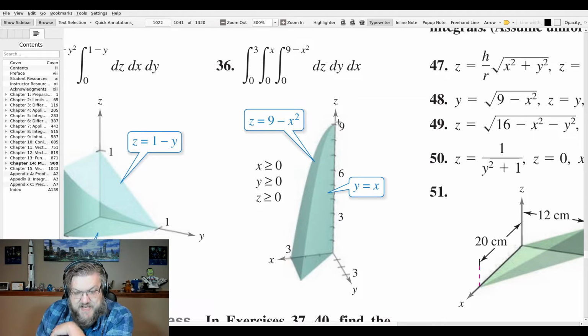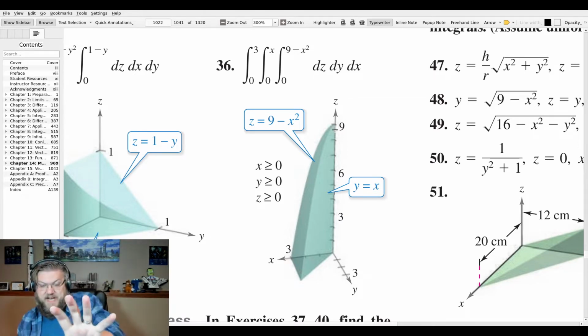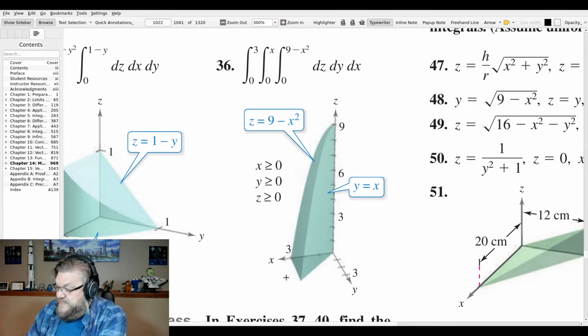That is what I'm going to see when I look at this from this angle. I'm not going to see that plane coming out towards me. I'm just going to see the outline of this upside down parabola, z equals 9 minus x squared.